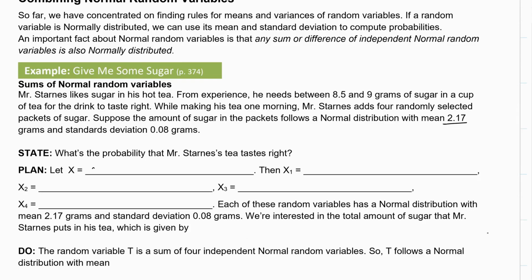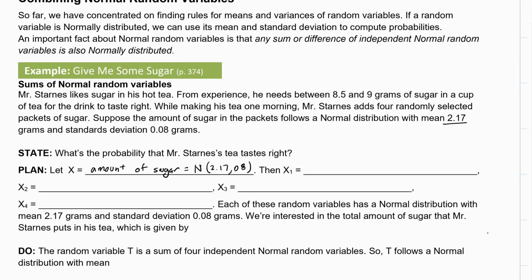Well, first of all, let's acknowledge that X, the amount of sugar in an individual packet, is normally distributed with a mean of 2.17 and a standard deviation of 0.08.